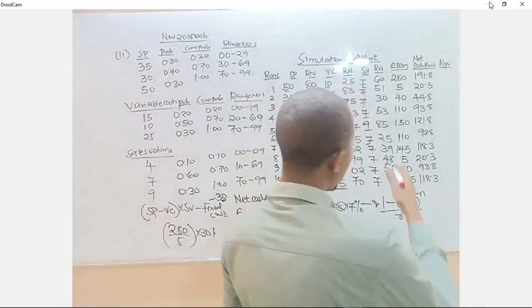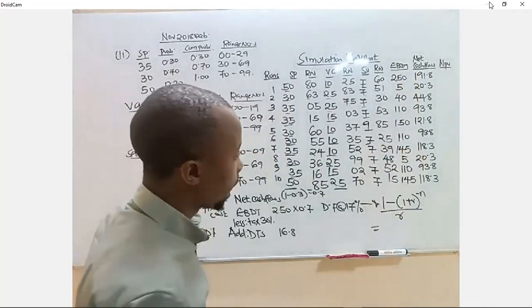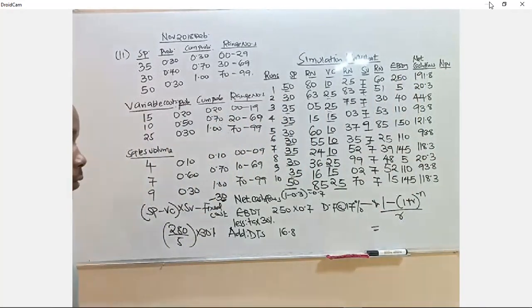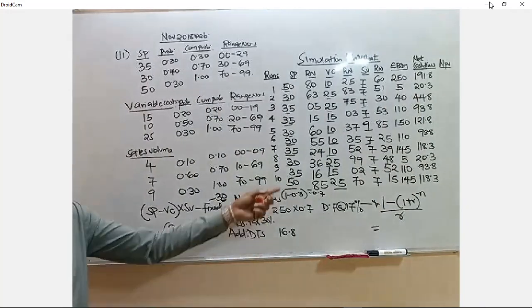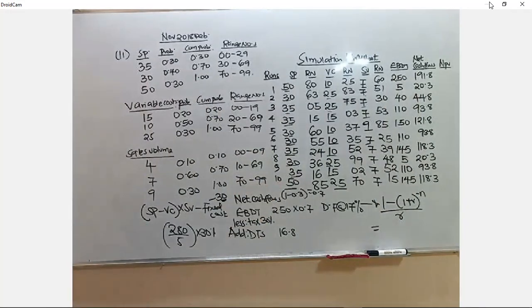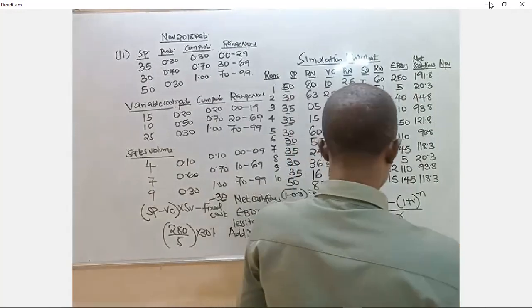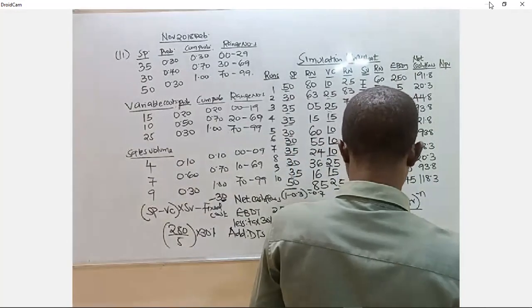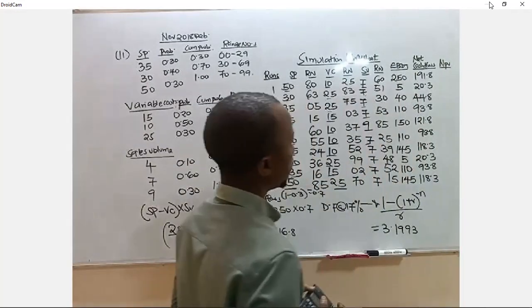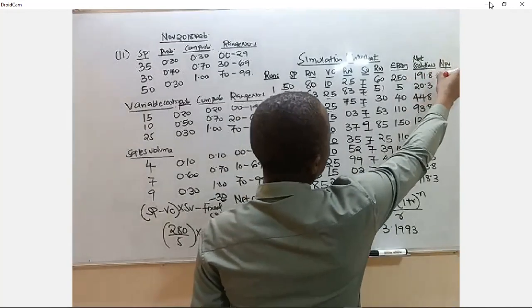The cash flows are annual cash flows for the period of 5 years. So it will be 1.17 raised power negative 5, 1 minus answer, then we divide by 0.17, and we are able to get 3.1993.